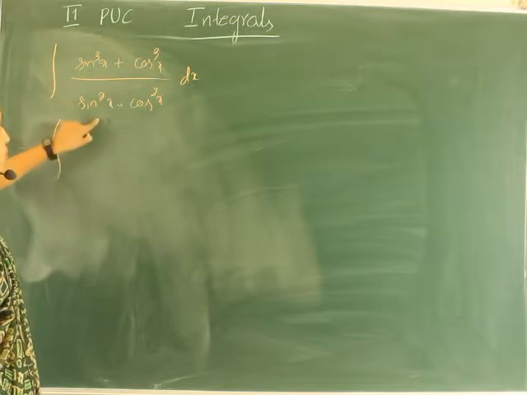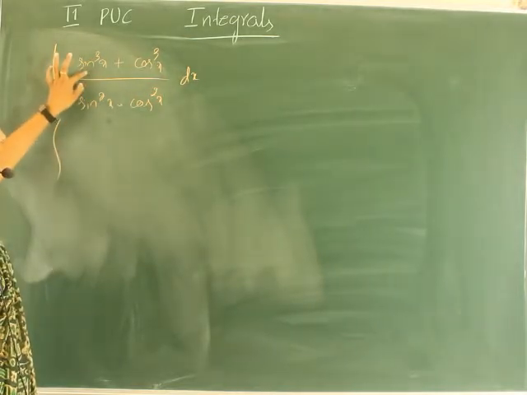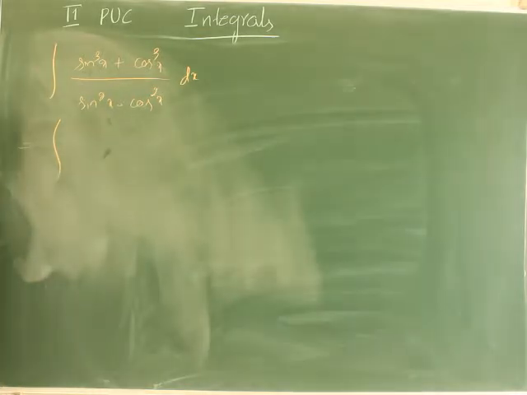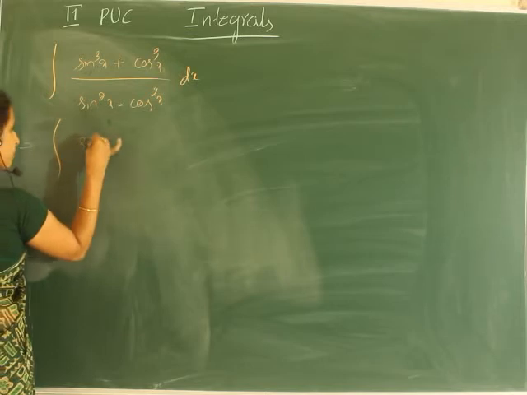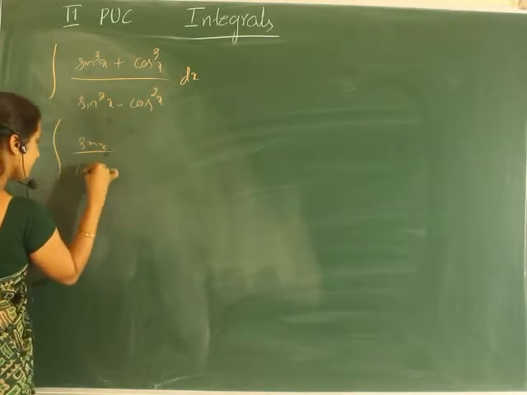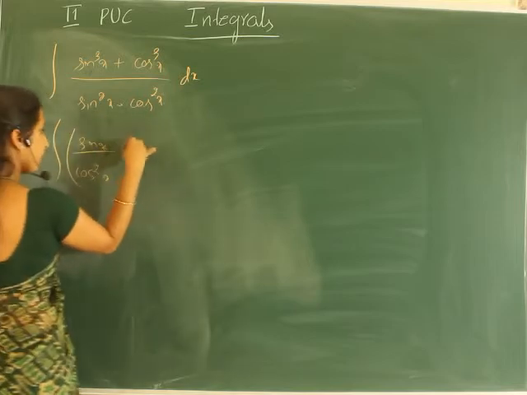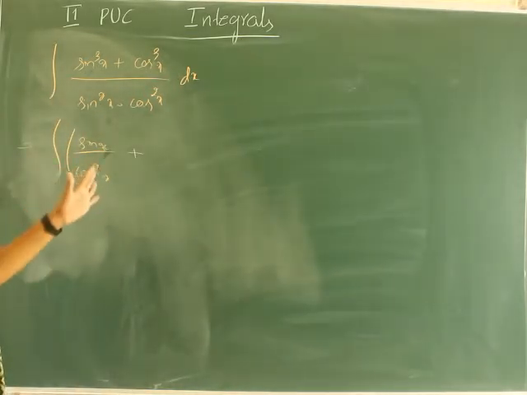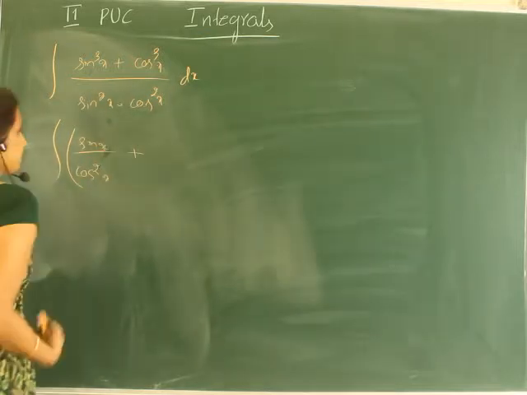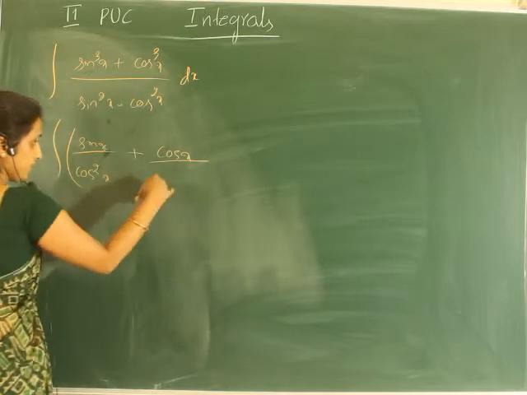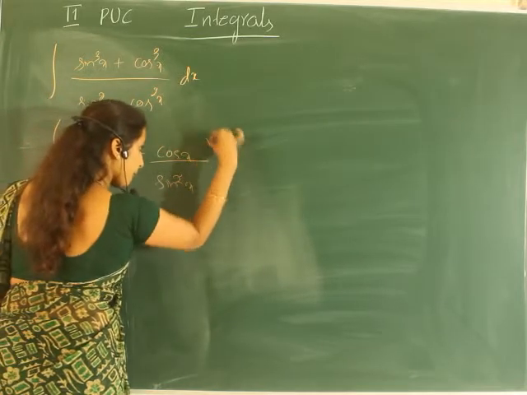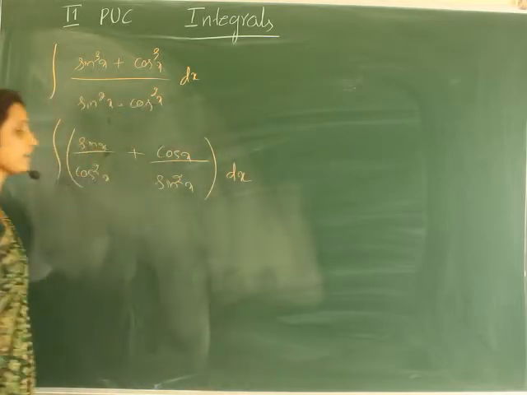Sin cube x and sin square x cancel, remaining sin x divided by cos square x, plus cos cube x divided by sin square x cos square x, where cos cube x and cos square x cancel, remaining cos x by sin square x.